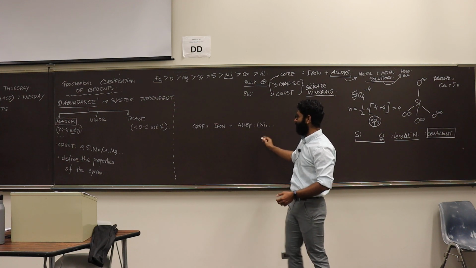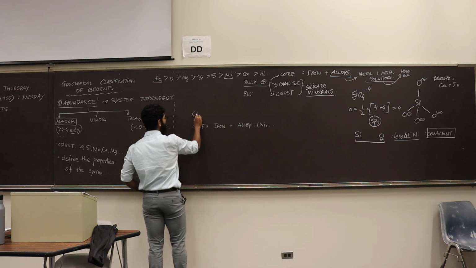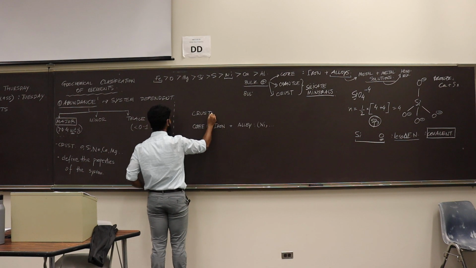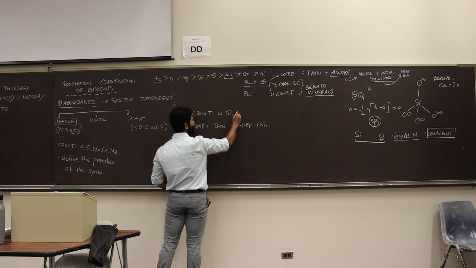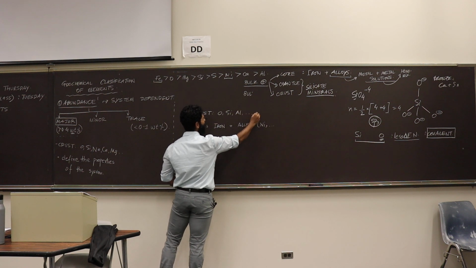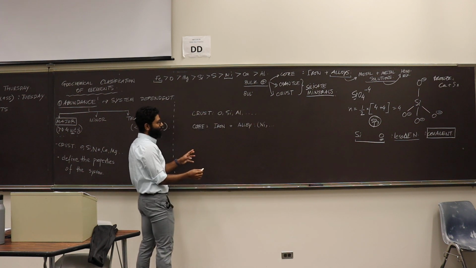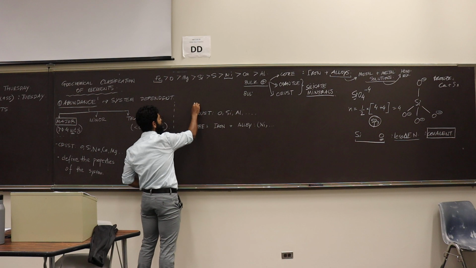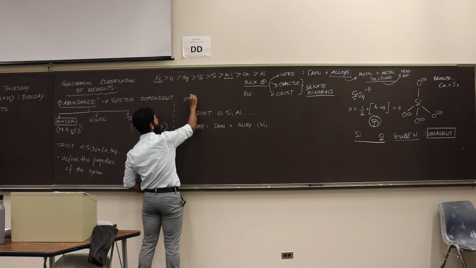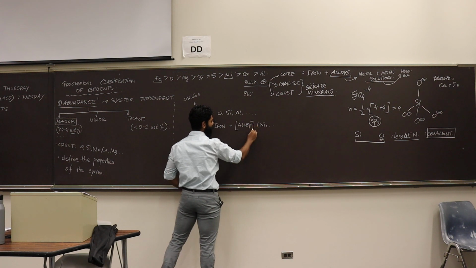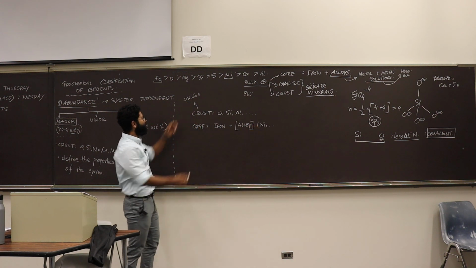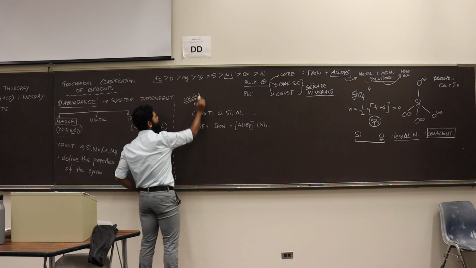The crust, as we were talking, has oxygen, silicon, aluminium, all those. Generally, in the core, those things make alloys, and in the crust, those things make oxides.